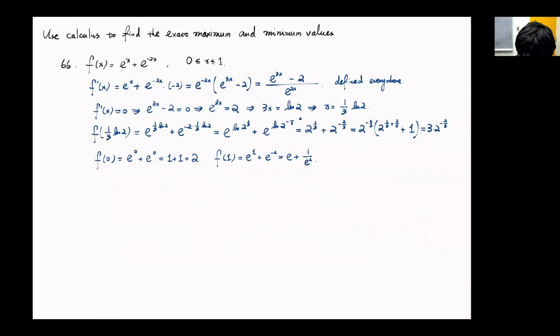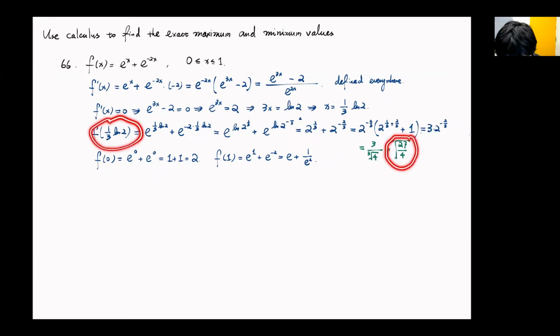In order to estimate this guy, let's place everything in the cube root. This guy itself is going to be 3 divided by cube root of 4, because that's precisely 2 to the 2 over 3 power. And if you also place 3 inside the cube root, what you will get is 27 divided by 4. So the function value at this number will be cube root of 27 divided by 4.